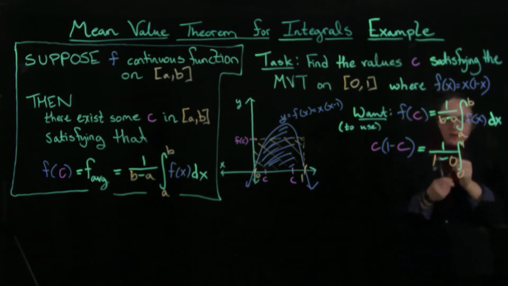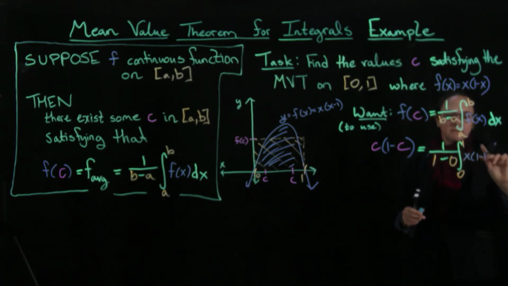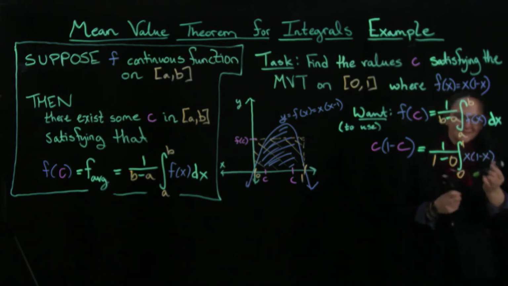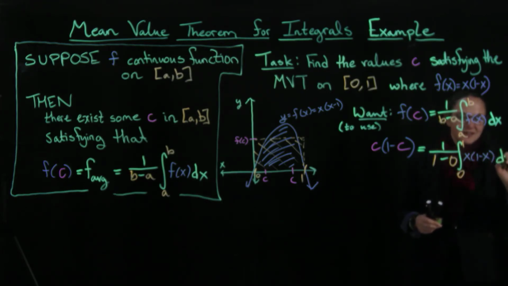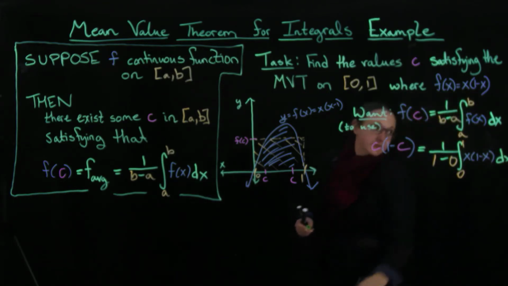And now we can put in our f of x, from up there again. So this is x times 1 minus x dx.